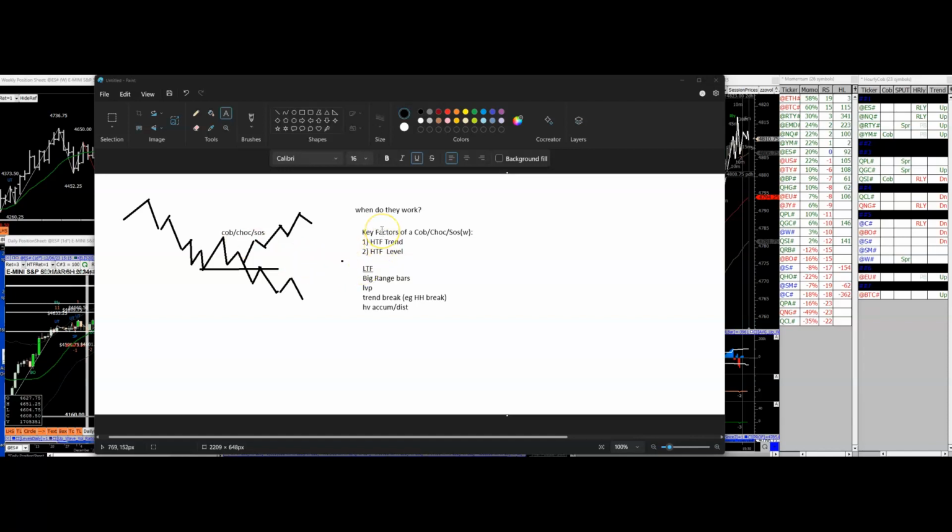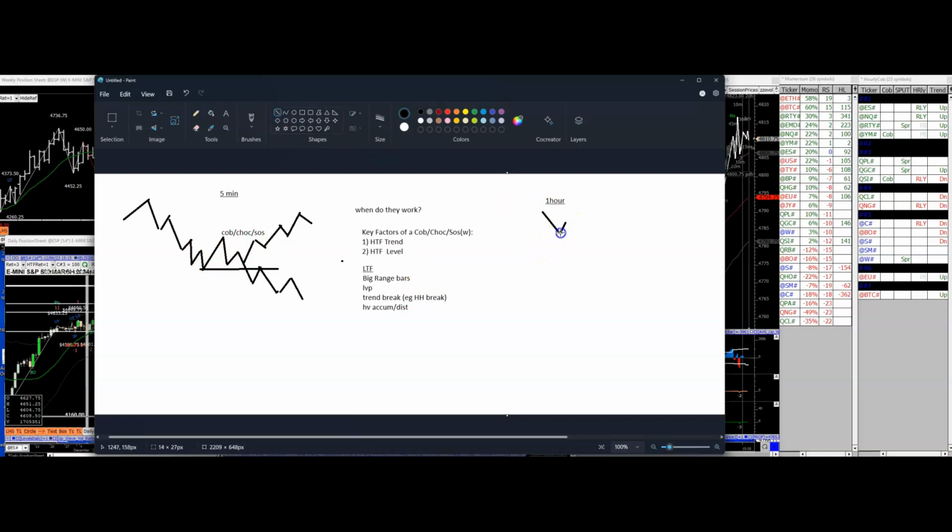First of all, the key factors of a change of behavior are the higher time frame trend and higher time frame level. I'm going to elaborate on this. Let's just say this is a 5-minute chart, and the higher time frame is a multi-hour chart, at least 1 hour. On the 1 hour chart, if it's an aggressive markdown, this trade's not going to work.